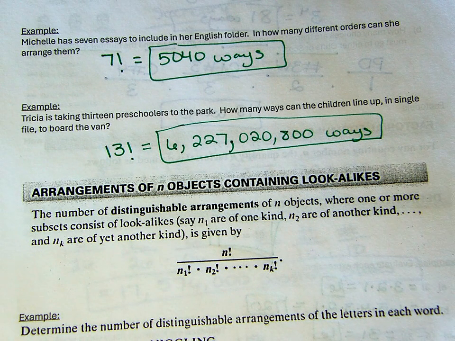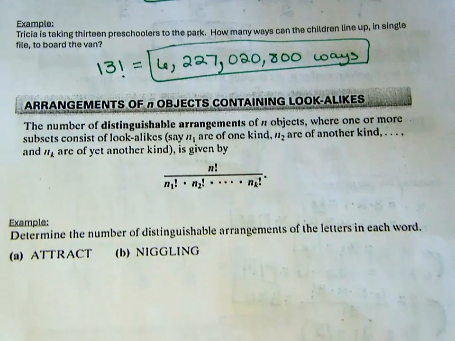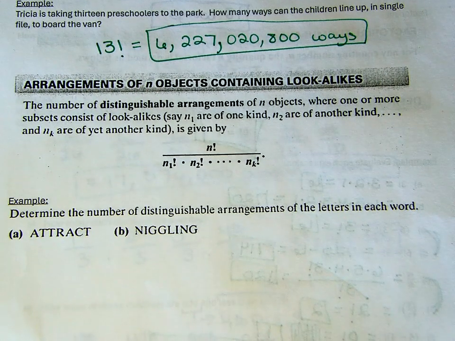But what happens if we're looking at things that have lookalikes or things that are similar? Well, then we're going to have this little formula that's going to help us determine the number of arrangements of objects. Because each of these were distinct, each person was different, and it didn't matter the order.